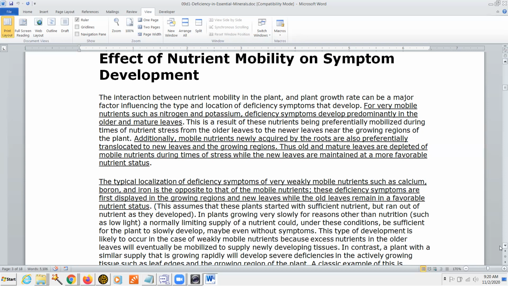And so remobilization of nutrients occurs through the phloem. And so basically nutrients can hitchhike on the movement of sugars through the phloem. And so you get some redistribution, relocalization, often from older leaves to the younger leaves.